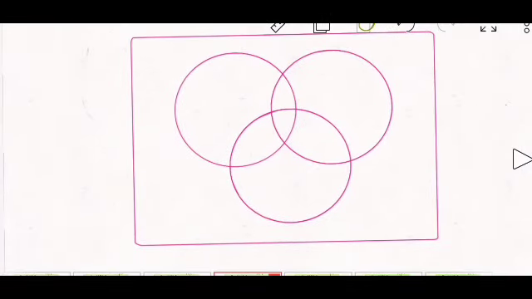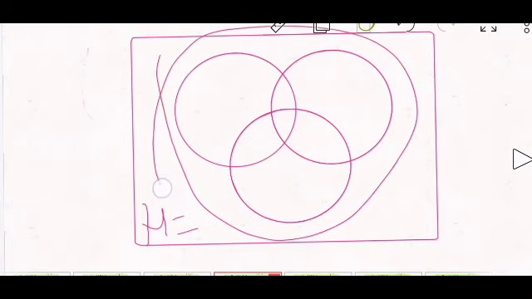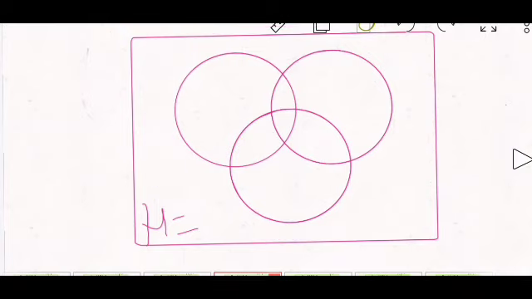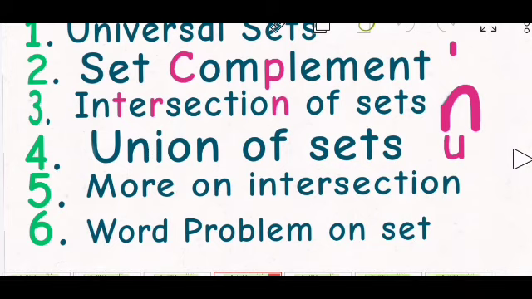So now the next thing we are to discuss is set complements. I just want to use this diagram to explain it before I solve questions. Let's take this as A, and this as B. Let me take it to be just 2 sets, not 3.